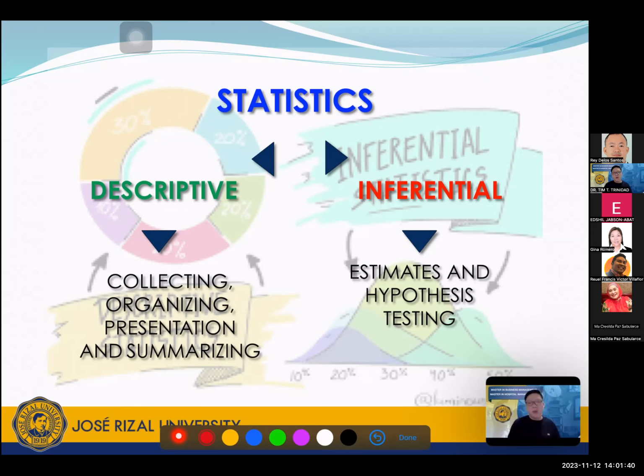For example, your class, I would like to get some information about your class regarding your scores in examination. When I ask you that, the way you will describe your class or your data is just to present it in terms of descriptive statistics. The language used by descriptive statistics is you just have to mention the different measures of central tendency, the different measures of dispersion, the frequency, and of course, a drawing or a representation or a graph.